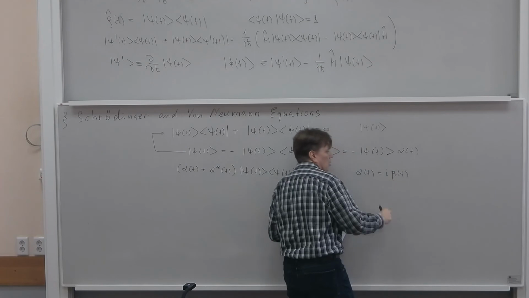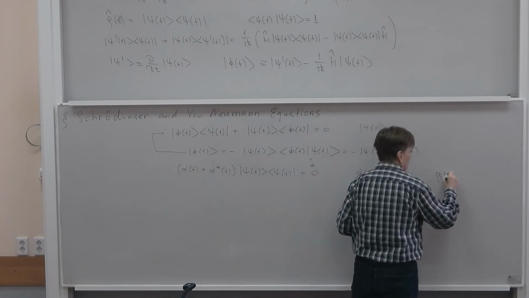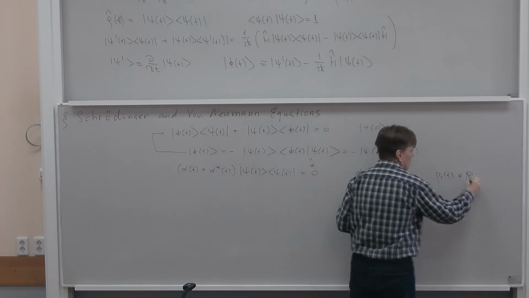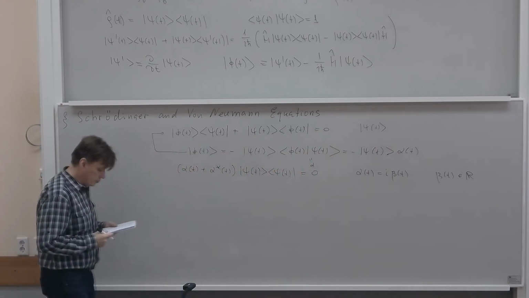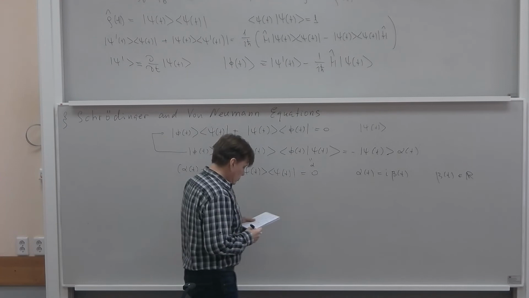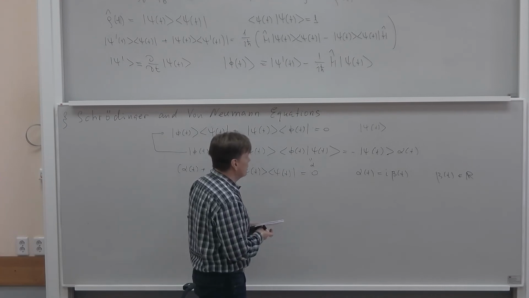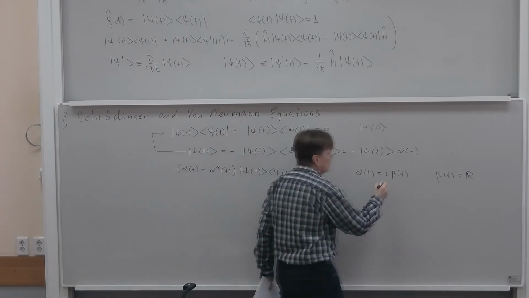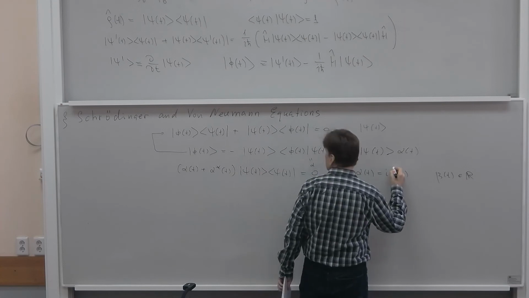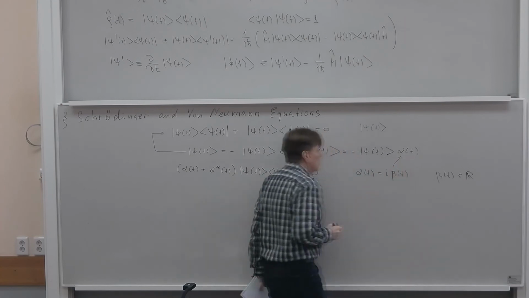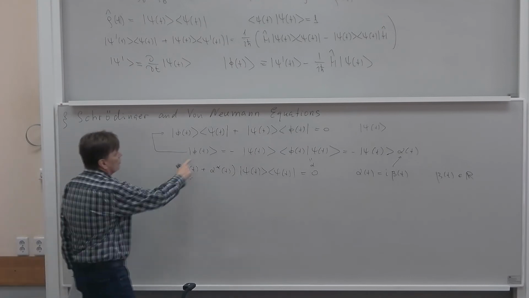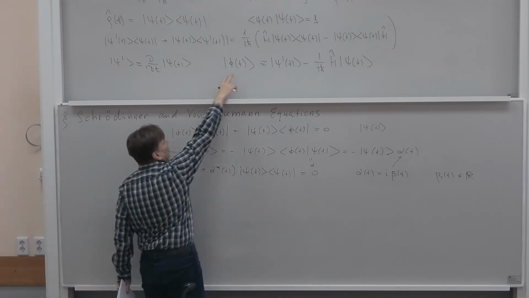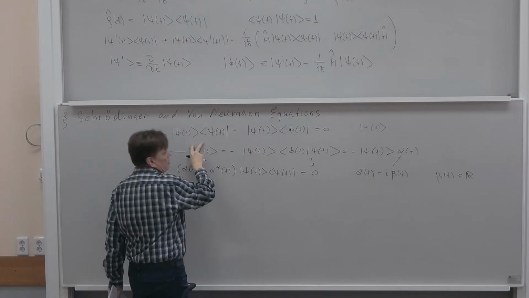where beta of t takes on real values. Okay, so let us substitute this alpha here, and the definition of the vector phi up here, into the left-hand side of our equation.